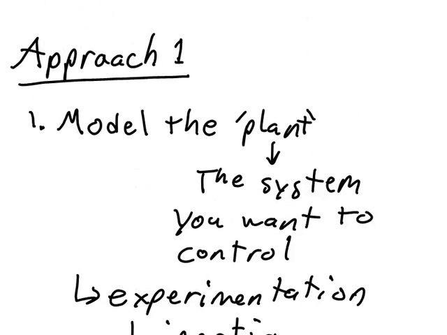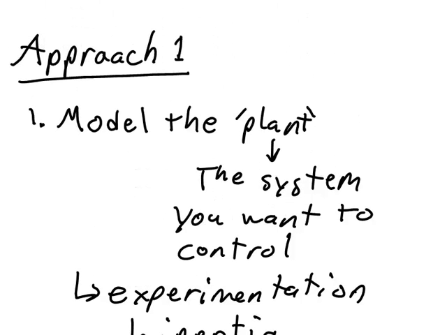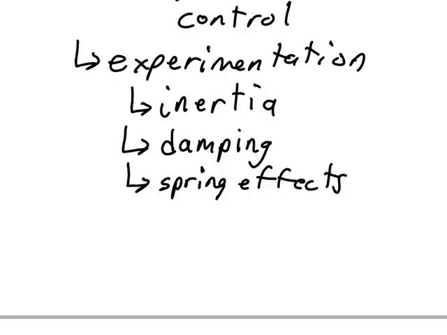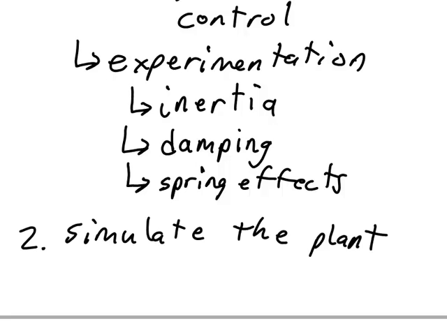Once we have this model of the plant, that is, the system we want to control, we can then simulate it. We could create this simulation in any kind of software that we are familiar with, such as MATLAB, or even a more simple modeling software like Excel.